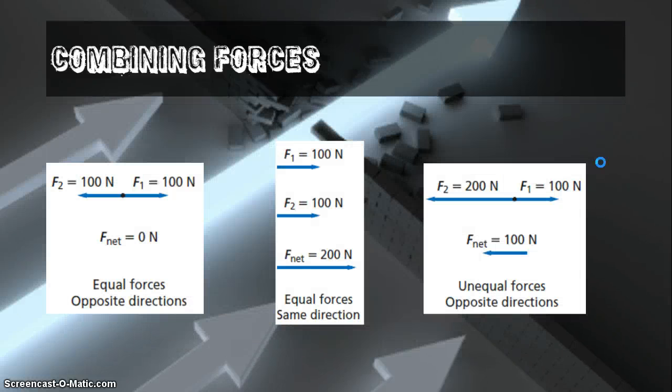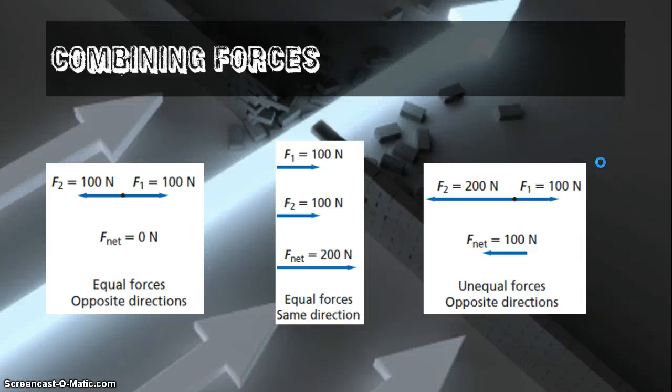And I should point out that this force here is the net force, not just any force on the object, as we'll see in some further examples. So if we have two forces acting in the opposite direction, we have 0 newtons for our net force. Let's say they both act together, pushing the table, and they both put a force of 100 newtons on it to the right. Our net force would be 200 newtons to the right.